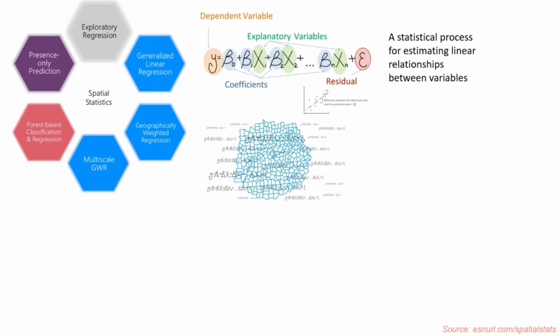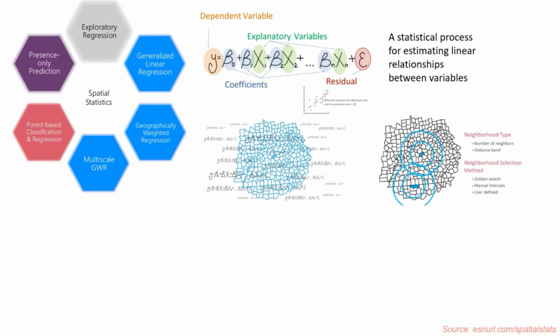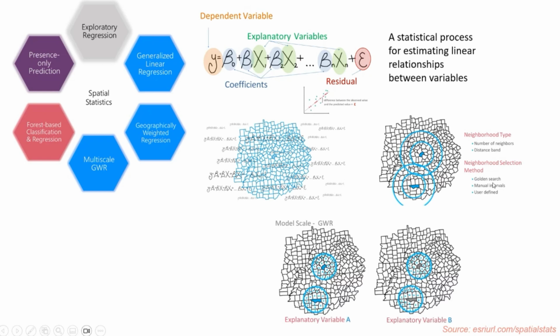So geographically weighted regression will give you different equations for different features. And here also we have the concept of neighborhood, and ArcGIS offers you different types of neighborhood selection methods. And you can also add multiple explanatory variables in this GWR analysis.